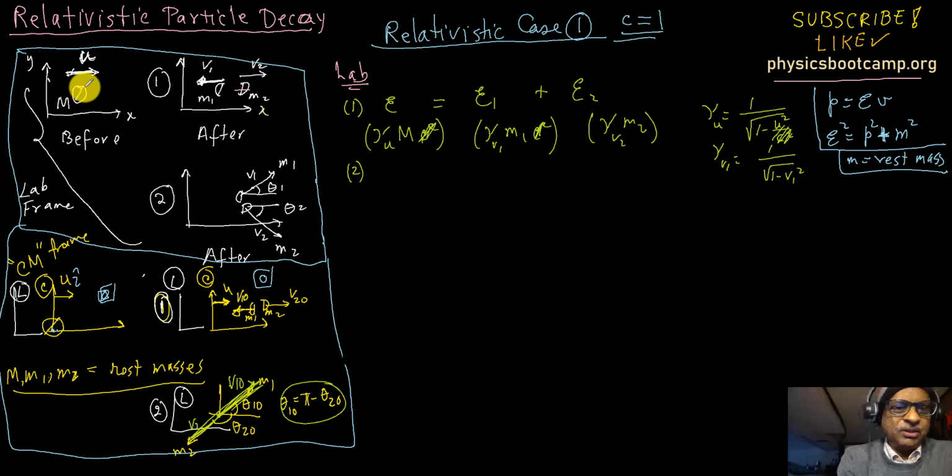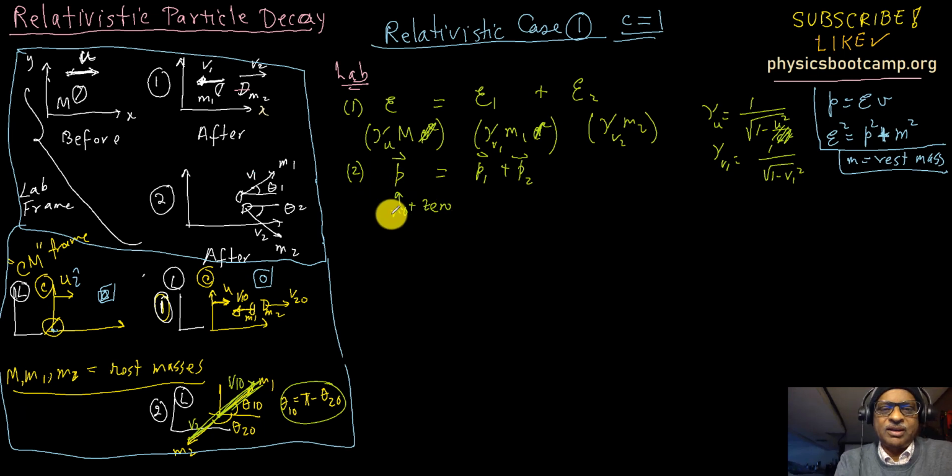And you will see that over here, it's got some momentum. P equals momentum of this, P1 plus P2. And if you look at the x component only, this is not 0. Because this is not 0, this leads to a nasty calculation when you start to try to find the relationship of energy and speeds.